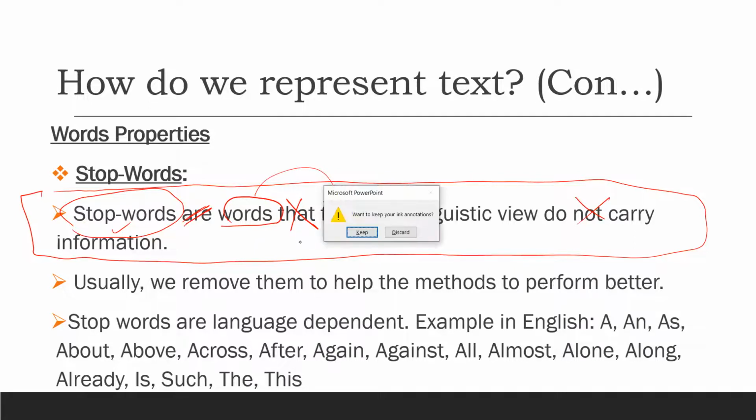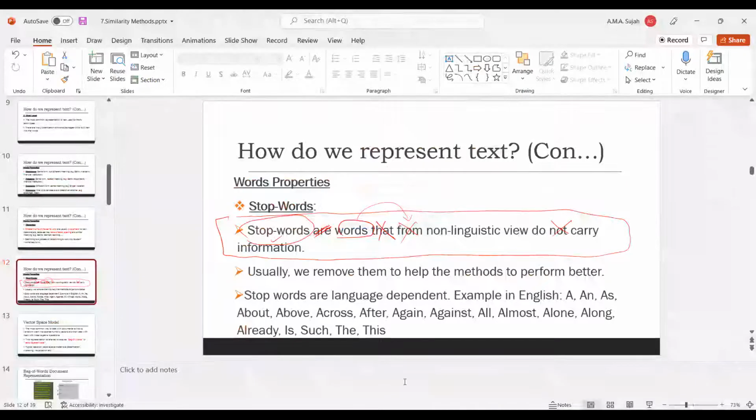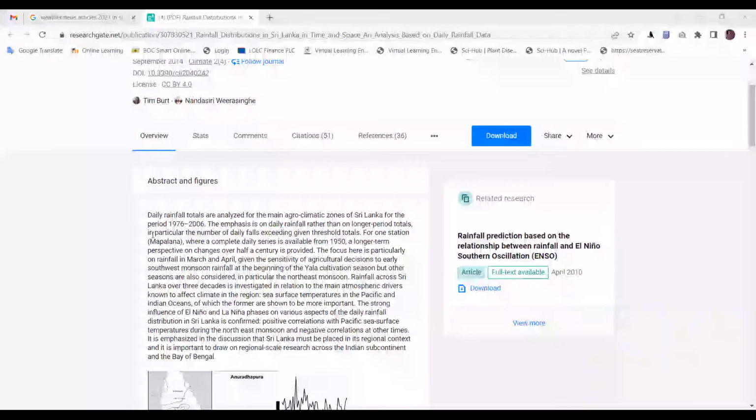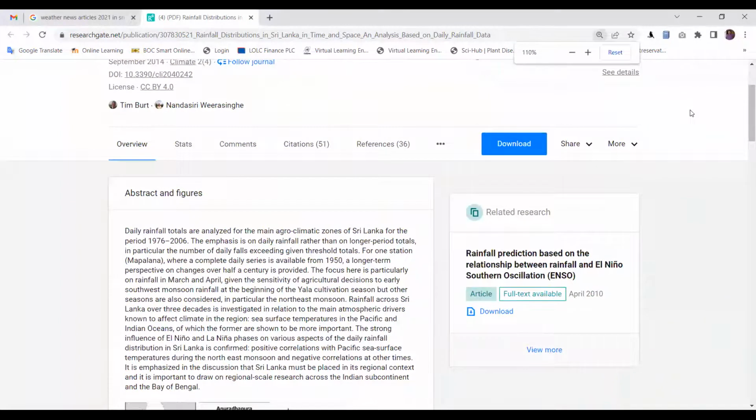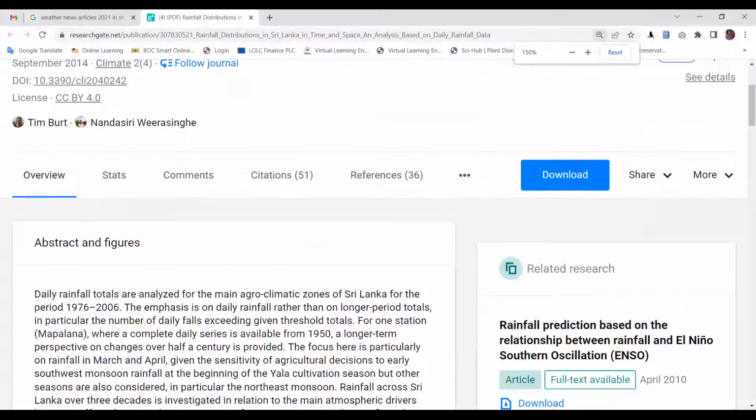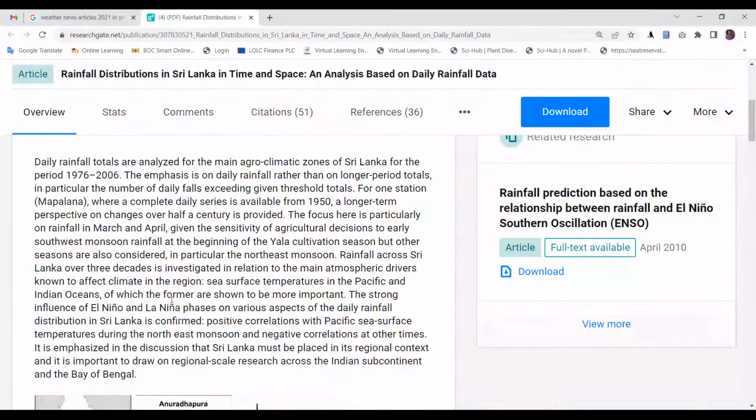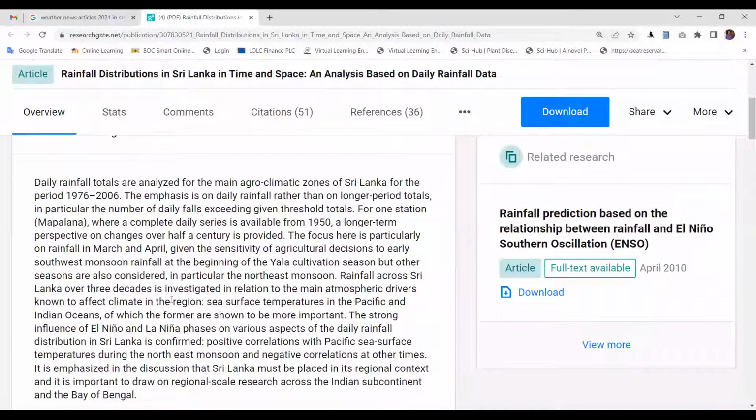Whenever you look at a sentence, we will find only some. Just give me a minute, I will show you an example. Just think this is an article. You need to find out which type of article this is, or do some text mining related to this article.